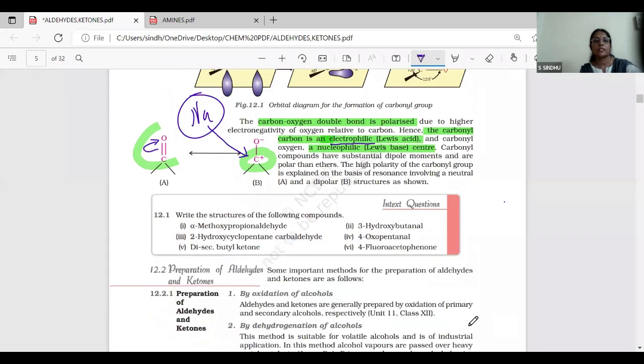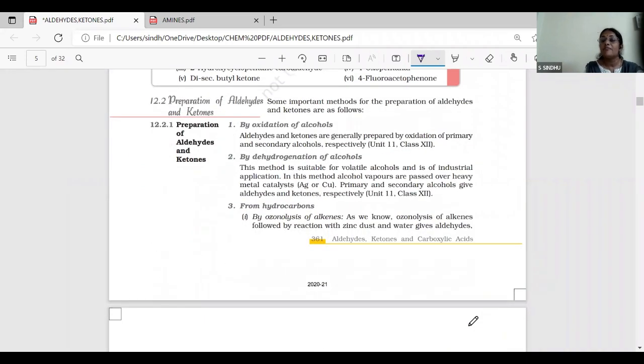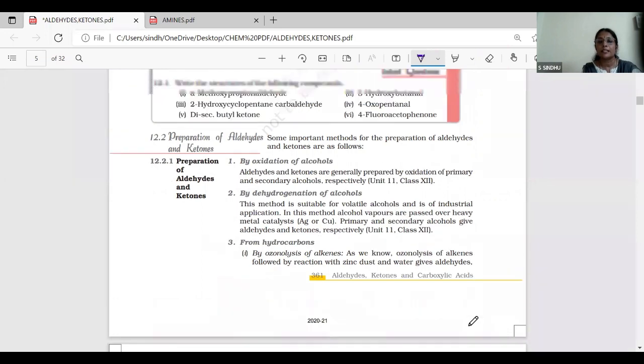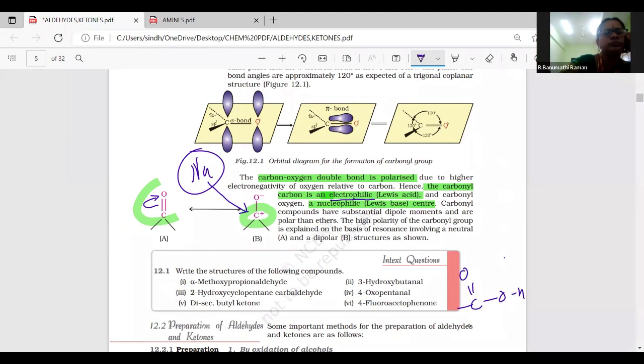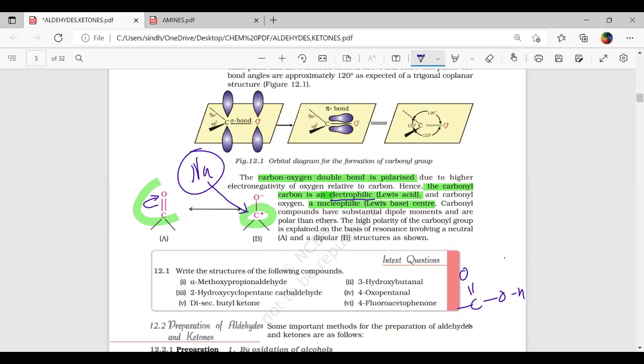So, structure elucidation of carbonyl compounds, and why carboxylic acids do not behave like carbonyl compounds. In carboxylic acids also we have the C double bond O, but it is not showing reactions similar to aldehydes or ketones. So what explanation do we give to the children? How do we explain it? The two resonance structures.